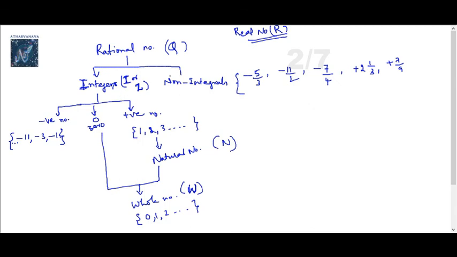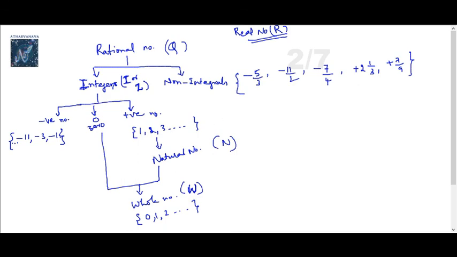You have to know the real number set. If you don't know the representations, it becomes difficult to analyze the question as well as write the answer, or you may go wrong with the answer. So that's the purpose we are learning all of this in this session.